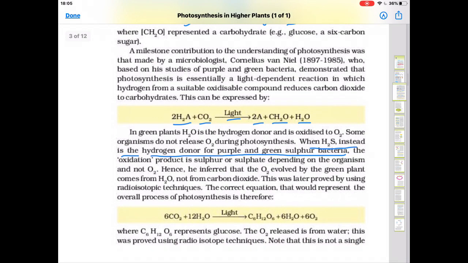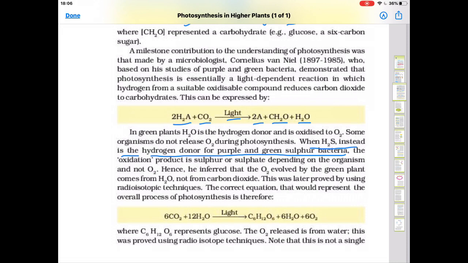So when hydrogen sulfide is used, sulfur or sulfate comes out, and when water is used, then oxygen comes out. Hence, he inferred that oxygen evolved by the green plant comes from water and not from carbon dioxide. This was later proved by using radioisotopic techniques.